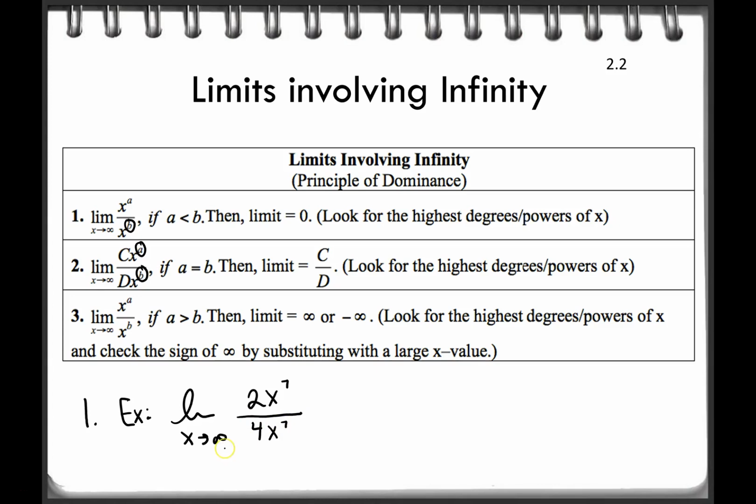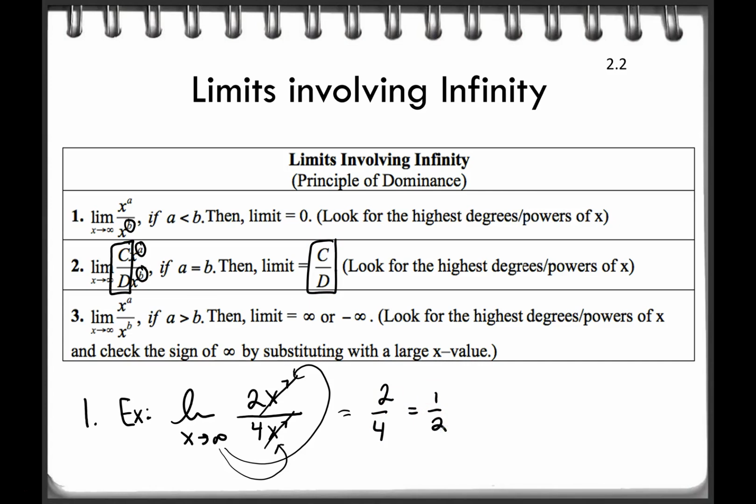Well, plugging in these huge numbers, you're going to have a huge number and a huge number, but those numbers are going to be exactly the same, and they're going to cancel out. And so essentially what you're left with is just the ratio of C over D as your limit. In this case, 2 over 4, or 1/2.